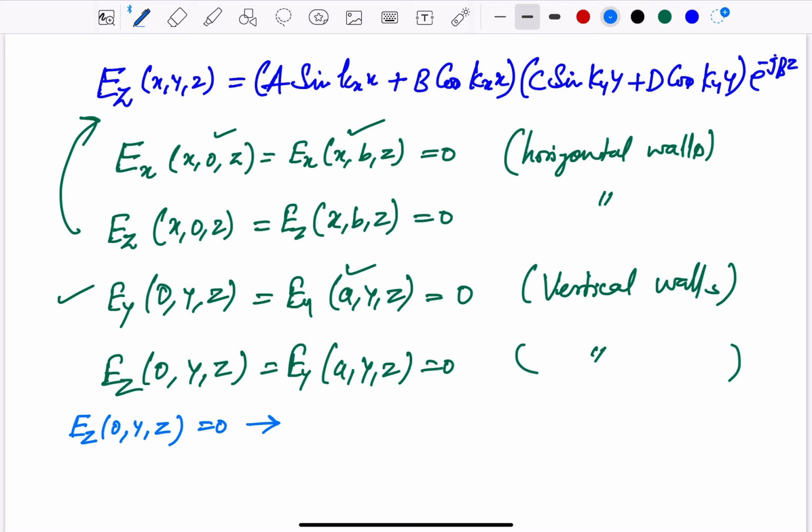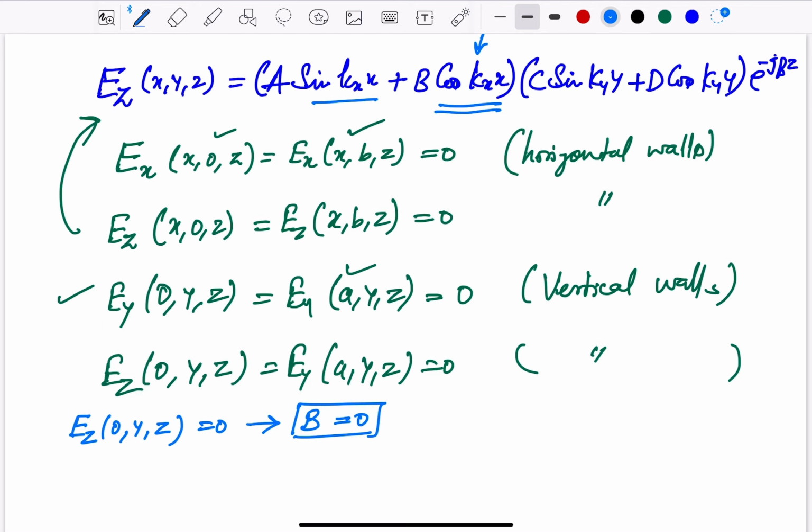Putting x equal to 0, this will be 0, and the rest of the component is a function of y only, so leave it. Now here you see this is b cos kx x, so if you put 0 here, this component will be 1. It means this is going to be a non-zero quantity, but this has to be 0, meaning the Ez component has to be 0. It means that forcefully we are supposed to take b equal to 0.